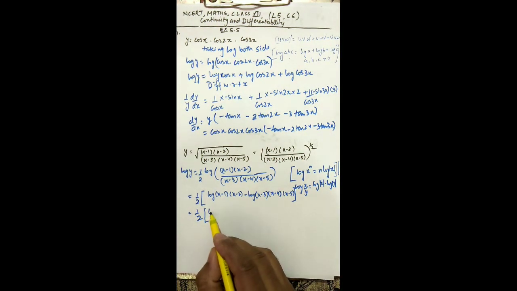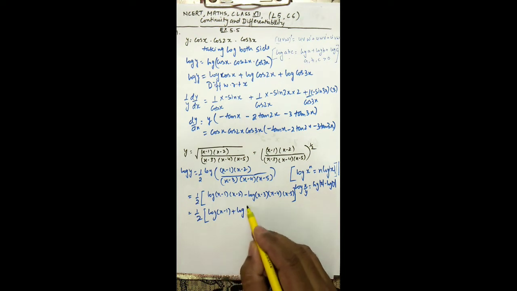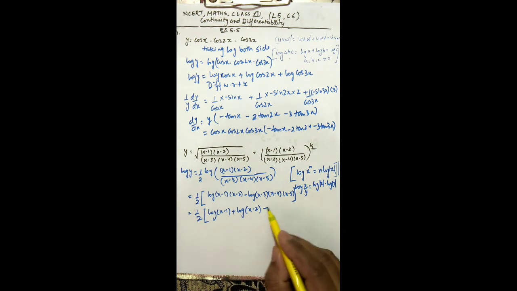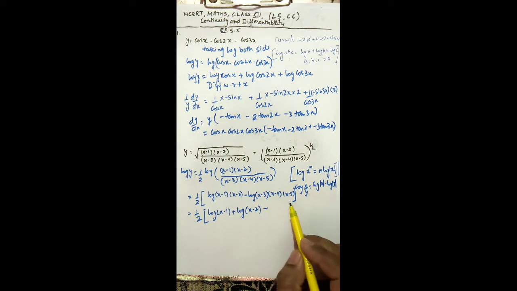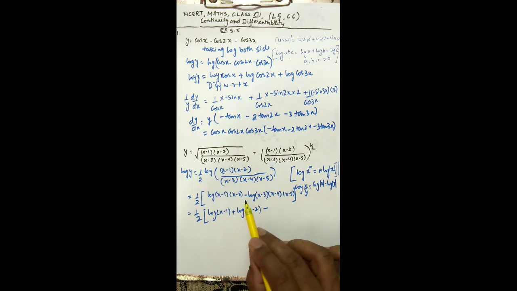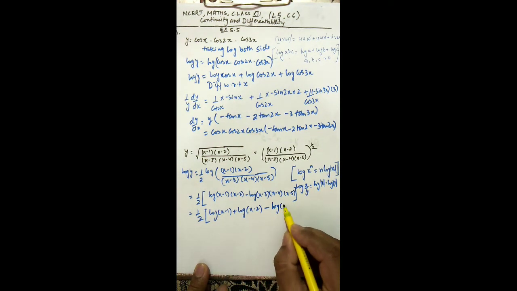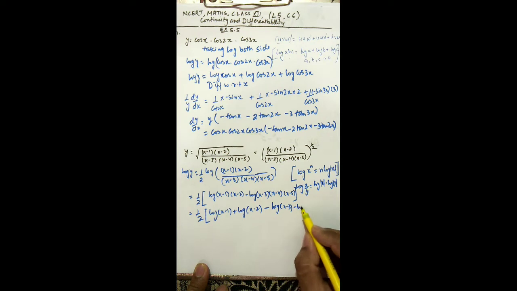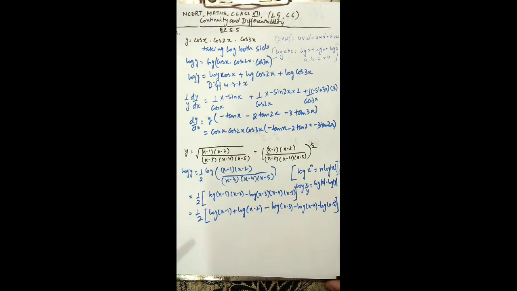So it can further be written as log (x minus 1) plus log (x minus 2), and this will be, because the minus is outside, we will make them negative: minus log (x minus 3) minus log (x minus 4) minus log (x minus 5). So this way we have opened this.